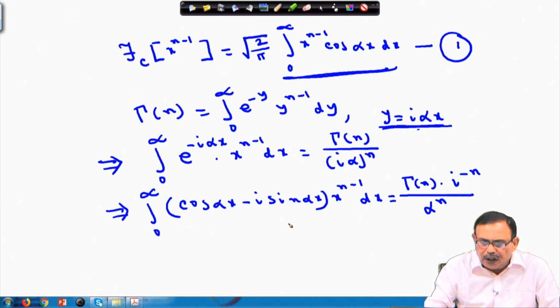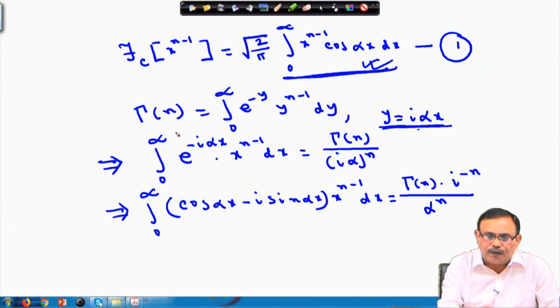And if you closely look at this left-hand side integral, if I take the real part of this integral, the real part is nothing but the integral from 0 to infinity of cos of alpha x into x to the power n minus 1 dx. The real part of this integral is this, and which is the required integral which I have to find out over here. So for this reason we started from this gamma function and we are coming to this.